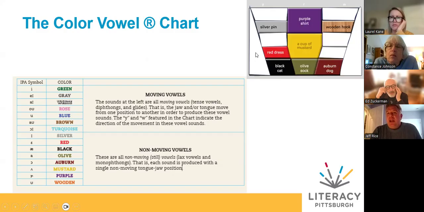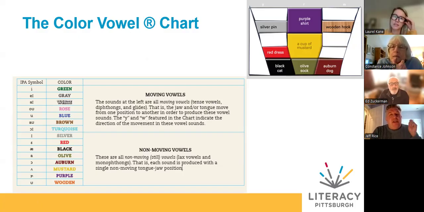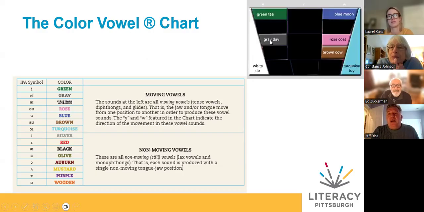Non-moving vowels, so now I whited out all of the moving vowels. If we look at non-moving vowels, these are ones where the vowel just stays steady for the whole sound. So, red dress. Do you hear the difference there between red dress and gray day, right?